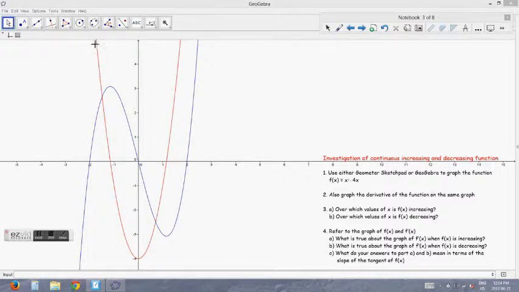I can even draw a nice little line if we wanted to. So it's increasing up to this point right here. The function's increasing. What values is the derivative? The derivative is positive.